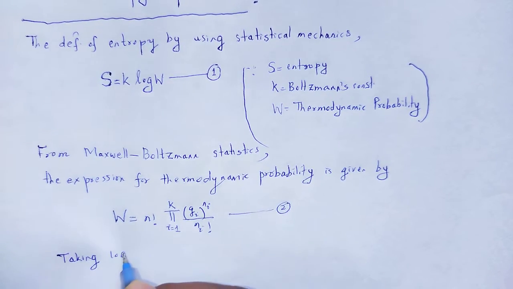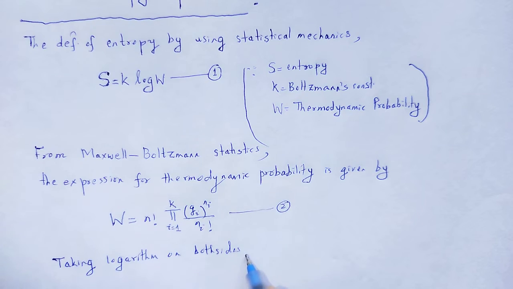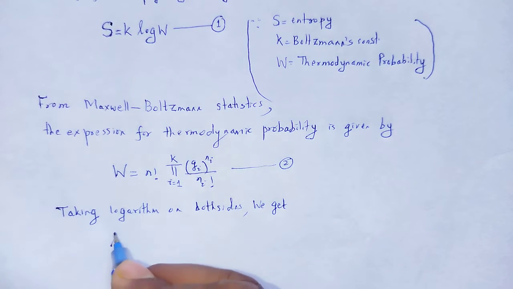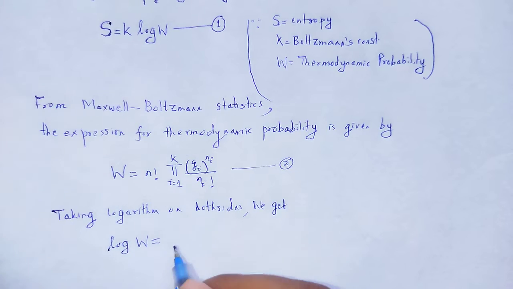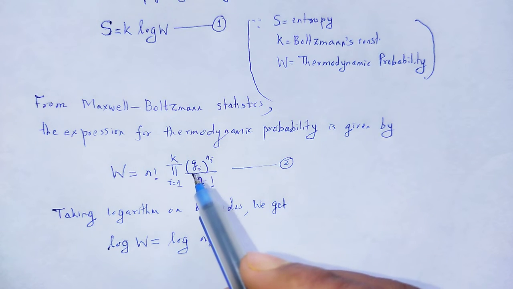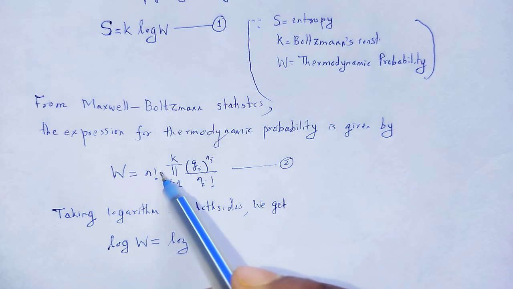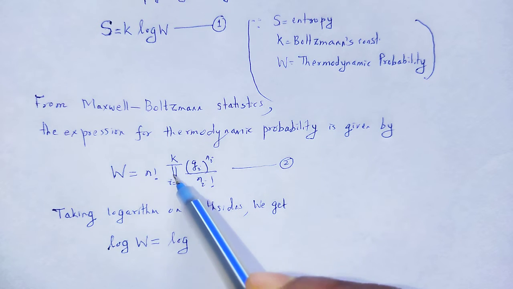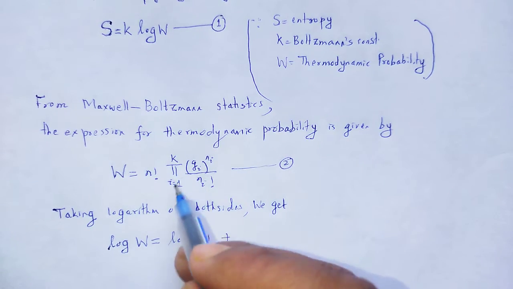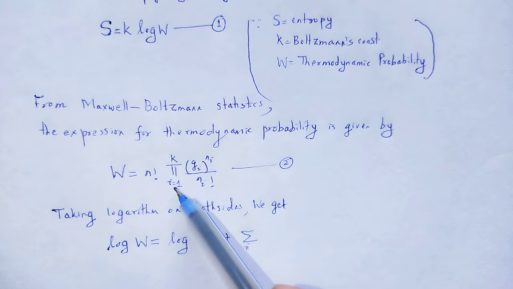Taking logarithm on both sides, we get log W is equal to log n factorial plus the multiplier changed to summation over i from 1 to k. Using log of A into B, that is log A plus log B, here log A is n factorial and B is the product term.